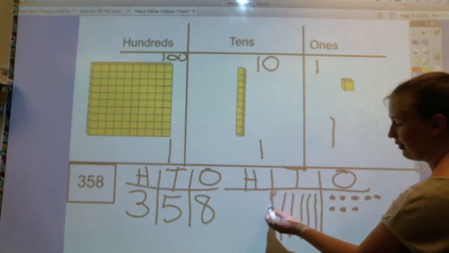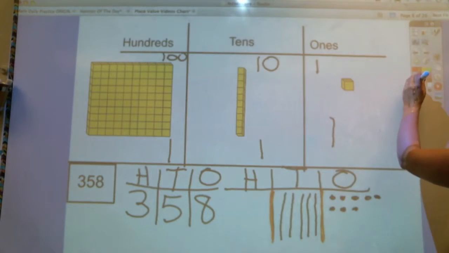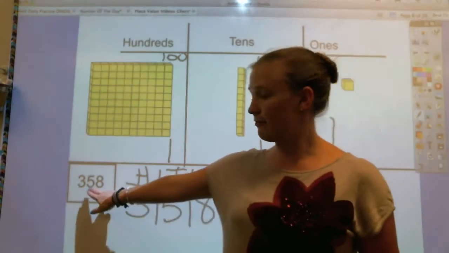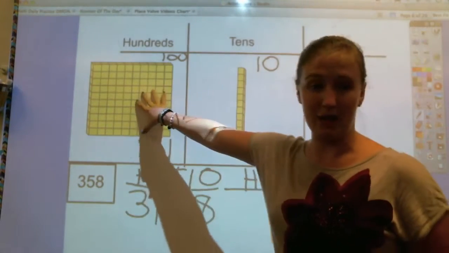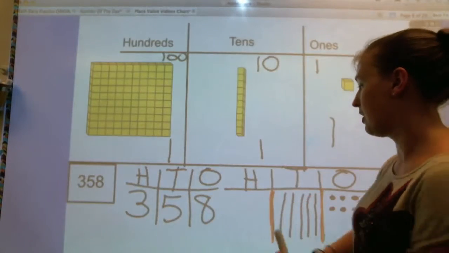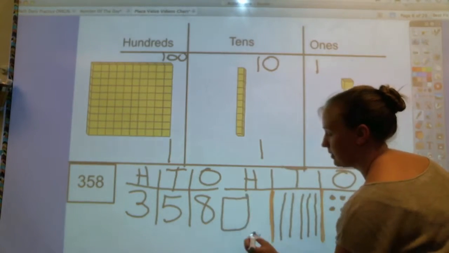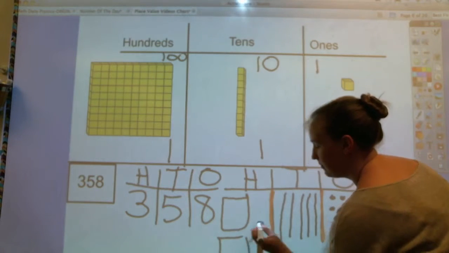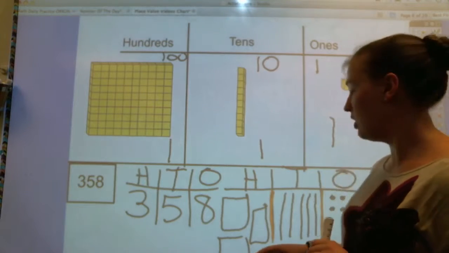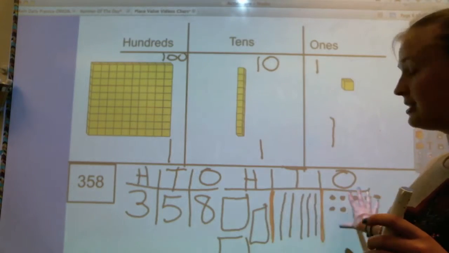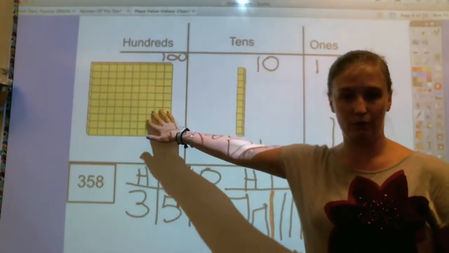Let's make sure we don't get confused. And now I can do the hundreds. I have 3 in the hundreds place. So I see my hundreds. I'm going to make my model. 100, 200, 300. So now I have my hundreds, tens, and ones drawn using place value blocks.